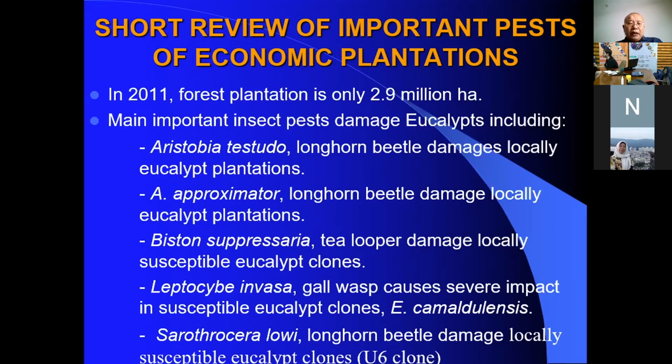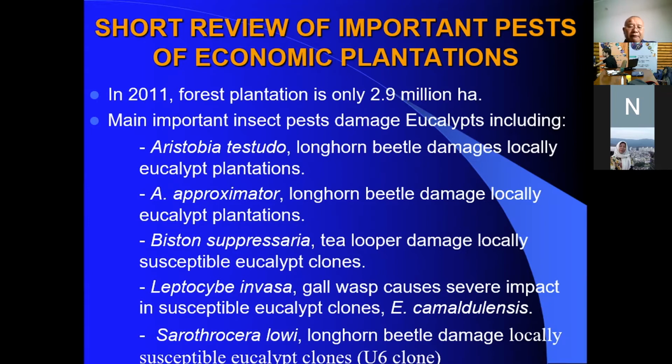Now I talk about the important insect pests damaging eucalyptus plantation, including Aristobia testudo, a longhorn beetle damaging eucalyptus plantation locally. The second one is Aristobia approximator, a longhorn beetle also damaging eucalyptus plantation locally. A looper insect, Biston species, locally damages susceptible eucalypt clones.